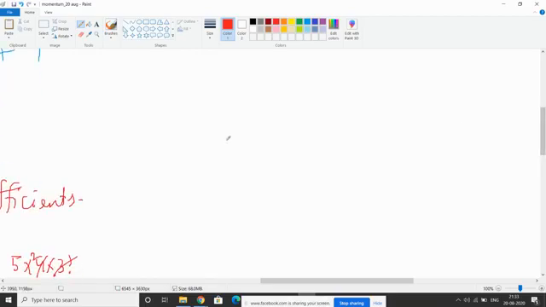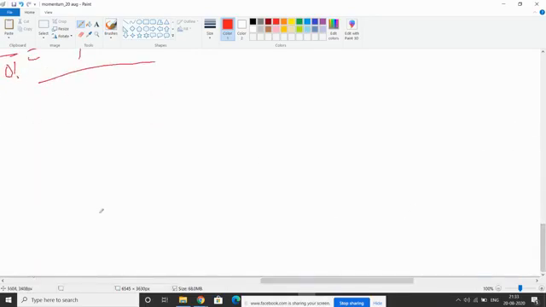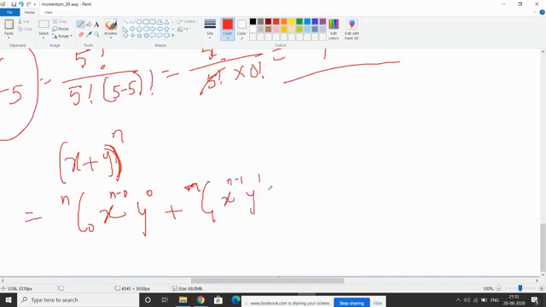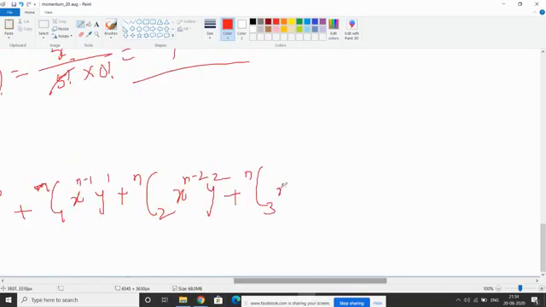So there is another way to find the binomial coefficients, which is the factorial method, this nCr method. You can also write down the expansion of (x plus y) to the power n. It starts with nC0, with the highest power of x, that is n minus 0, which is n, y to the power 0, then nC1 x to the power n minus 1, y1, nC2 x^(n minus 2) y2, nC3 x^(n minus 3) y3, nC4 x^(n minus 4) y4.